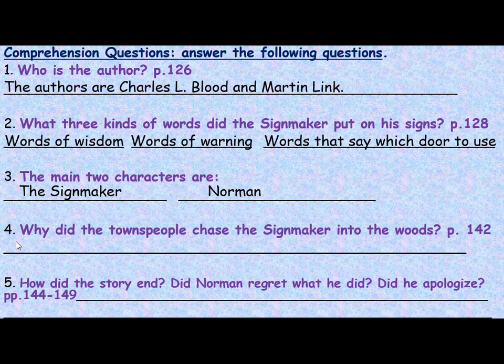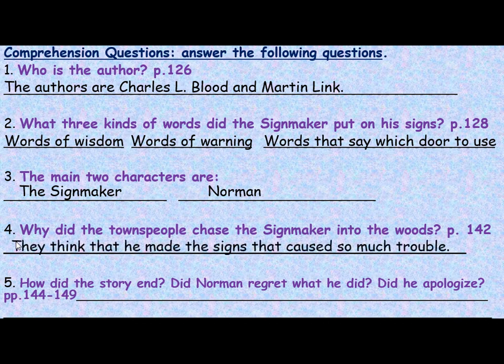People felt tricked and they felt angry because of what happened to them. And the town was in danger because there weren't any street signs and no direction signs. So people felt angry and they thought that the sign maker made the signs that caused so much trouble. He thought that the sign maker made these signs, not Norman, unfortunately.